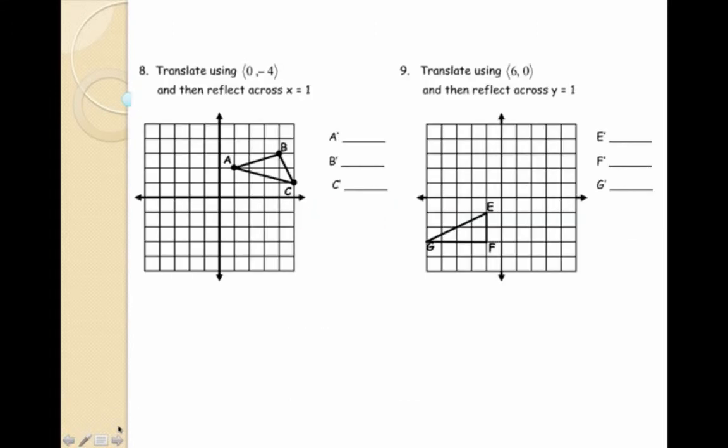Okay, so we go down 4, down 4, down 4, and then we reflect across x equals 1, which is this line.